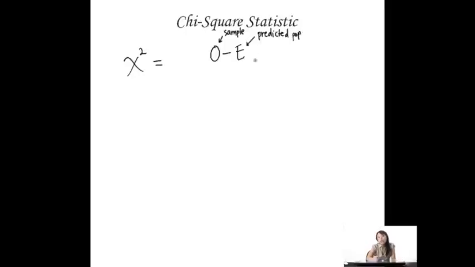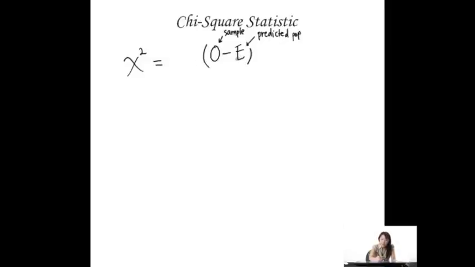Now, although you could use proportions as well, you can only do that if you have a constant number of items. So you are probably safer going with frequencies, because those are sort of like weighted proportions. All right, so we're interested in this difference.